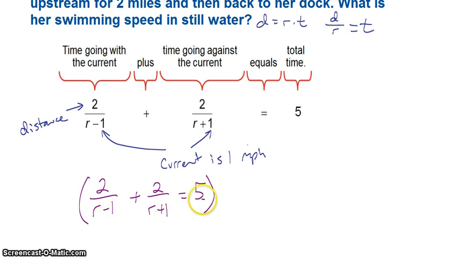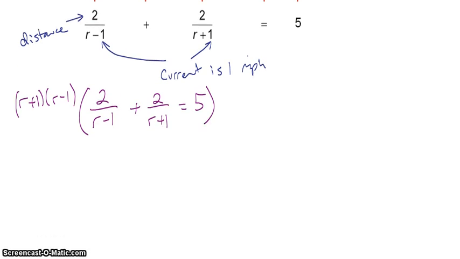Here I just have a denominator of 1, so I'm going to multiply the whole thing by r plus 1, r minus 1. So for this first one, I'm missing the r plus 1, so 2 times r plus 1.